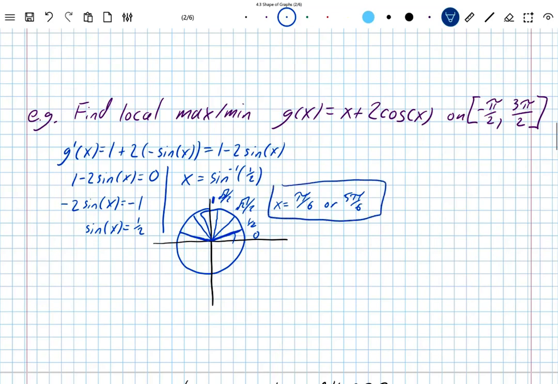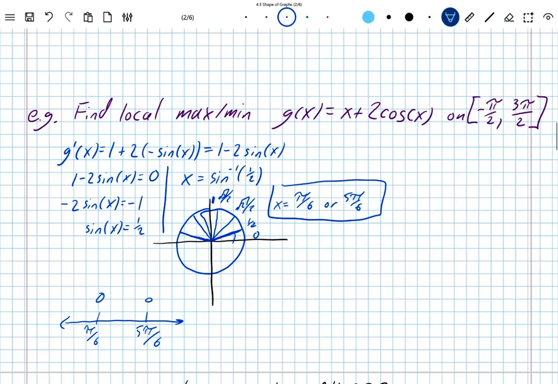If I went to try to make a number line like before, we would get this. We'd get a pi over 6. We'd get a 5 pi over 6. We have a 0 here and a 0 here.